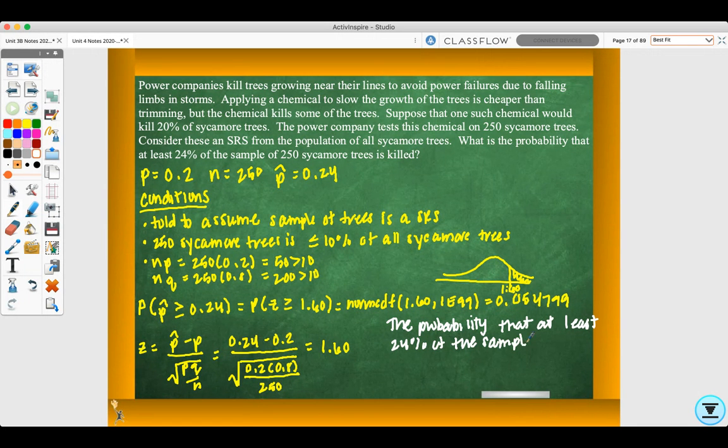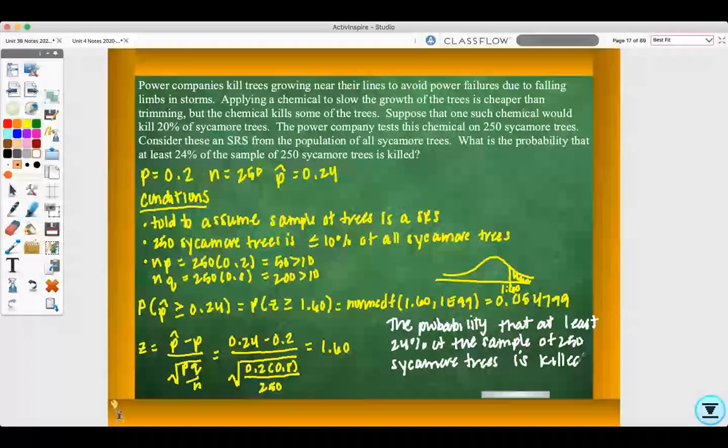And you want to answer within context. So the probability that at least 24% of the sample of 250 sycamore trees is killed is 0.0548.